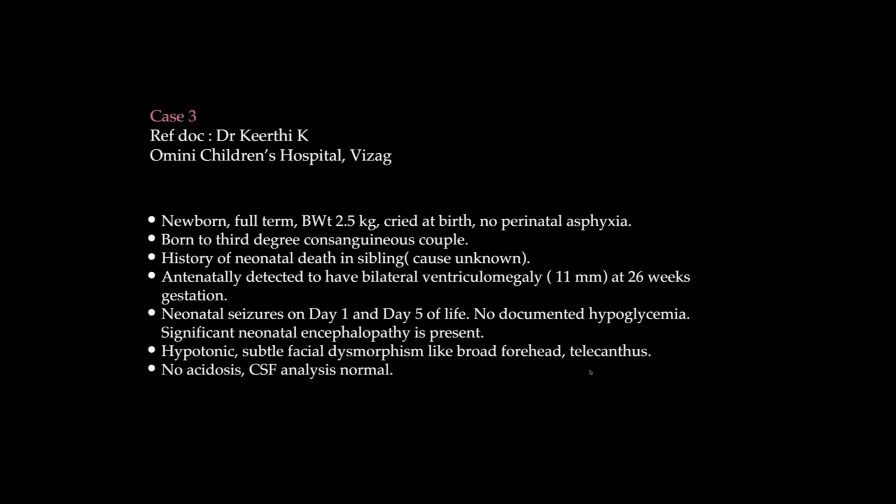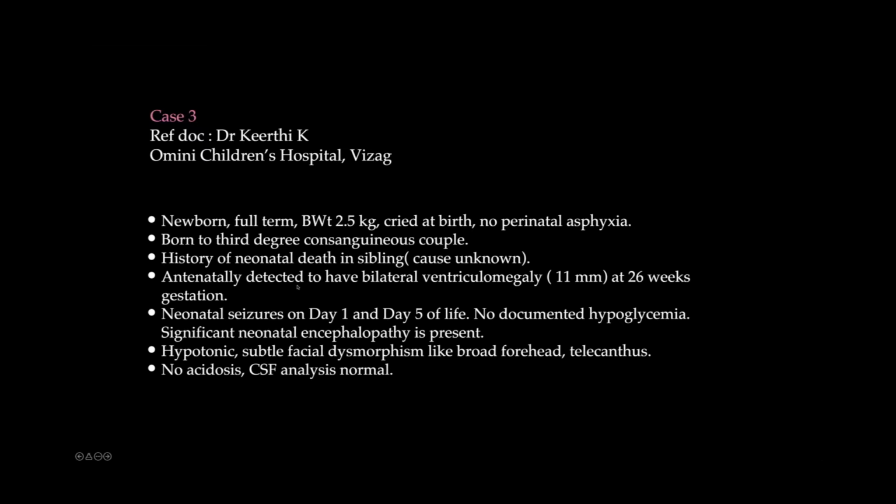Moving on to our next case, Keithig, if you're here. Is Keithig there? Okay, I'll go ahead with the case. It's a newborn child, full term delivery, normal birth weight, and died immediately after birth. No history of perinatal asphyxia. Was born to a third-degree consanguineous couple. There was history of neonatal death in the sibling.